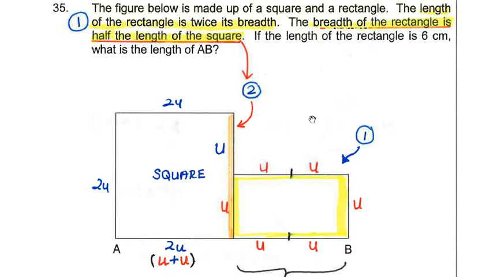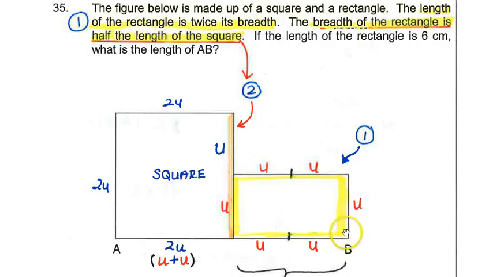Okay, next, this is quite interesting. The figure below is made up of a square, which is this one, and a rectangle. Now the length of the rectangle is twice its breadth. It means this part here, number 1, is 2 times this.